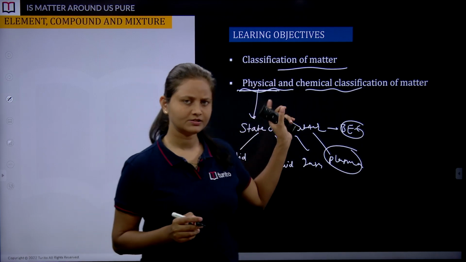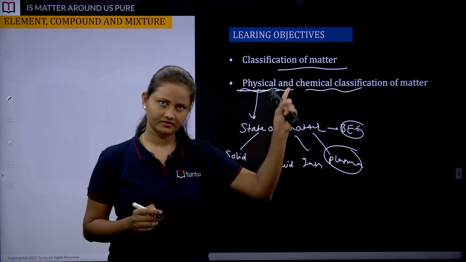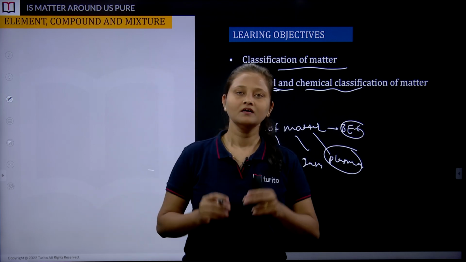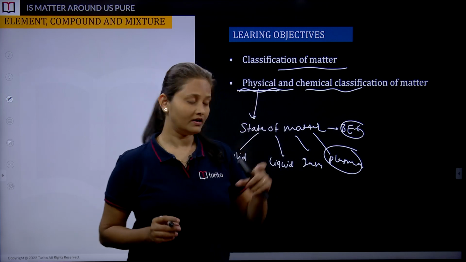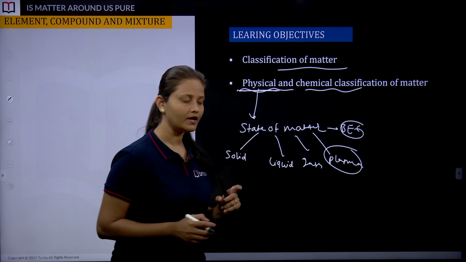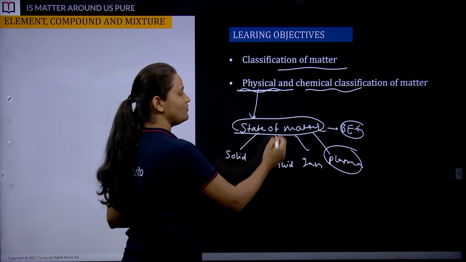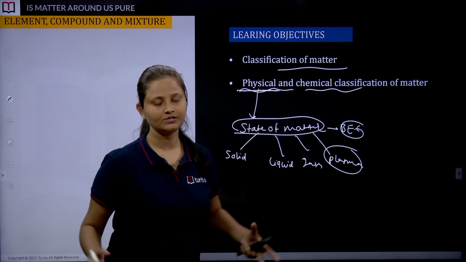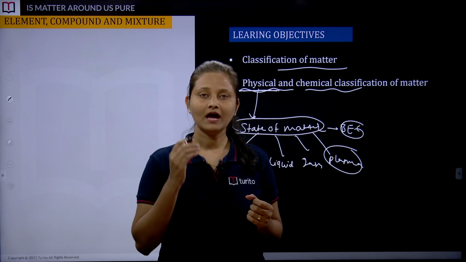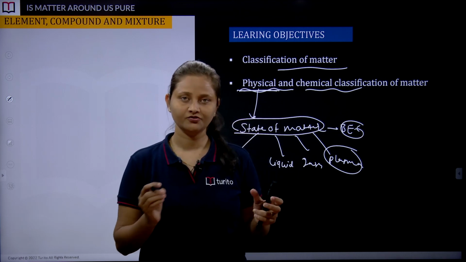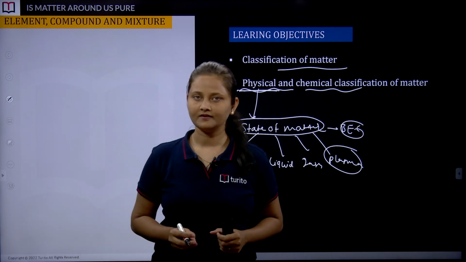Actually, we covered the fourth and fifth states in chapter number 1, that is Matter Around Us. But I am just asking, are you all able to recall? So states of matter is a physical property, and based on this property we have different states of matter. We have studied the structural arrangement of these different states of matter.